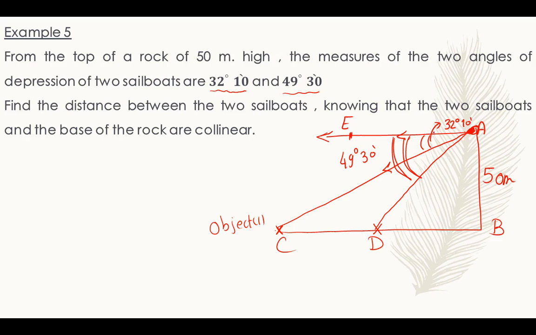By using alternate angles, this angle equals 49 degrees 30 minutes, and the smaller angle of depression equals the measure of angle ACD, so angle ACD is 32 degrees 10 minutes.